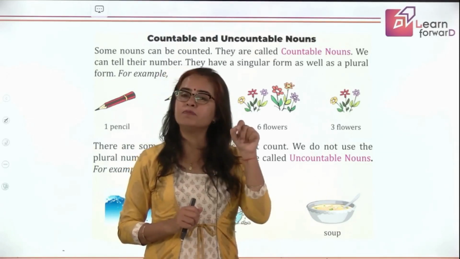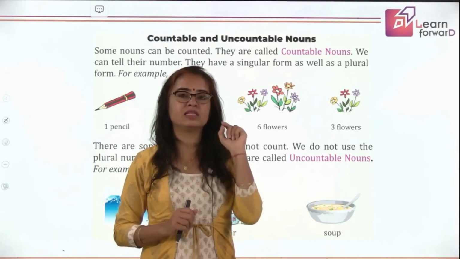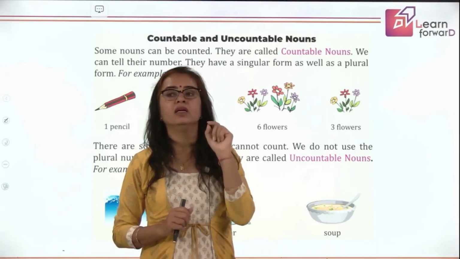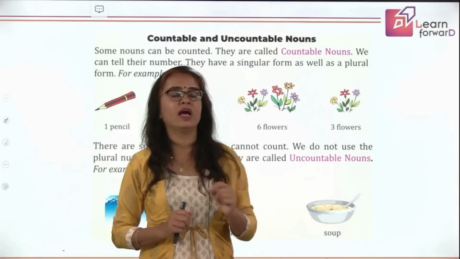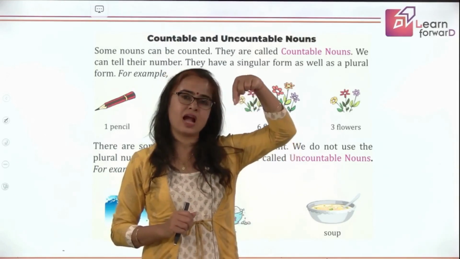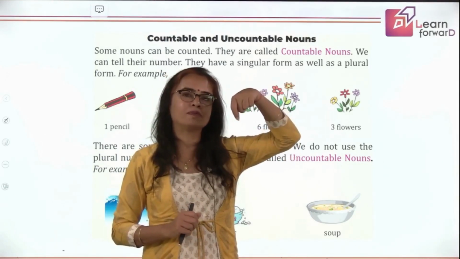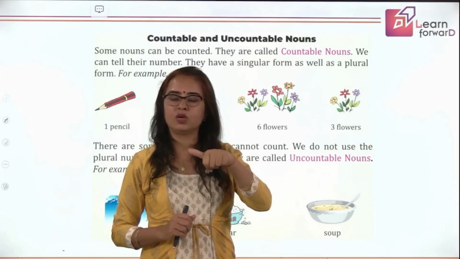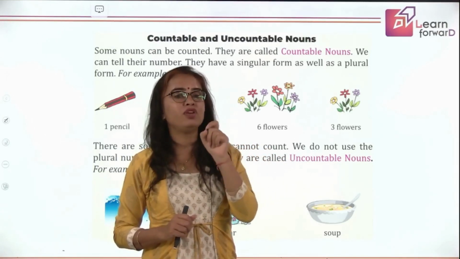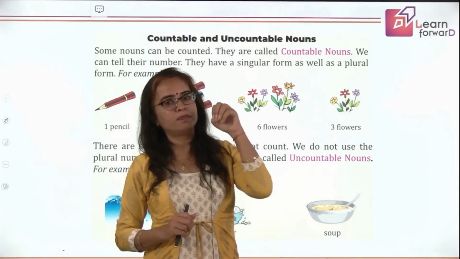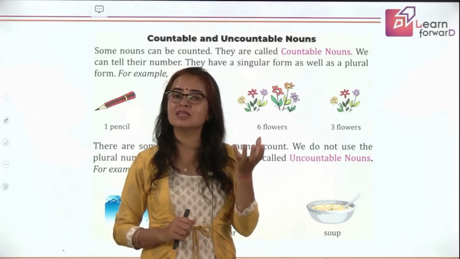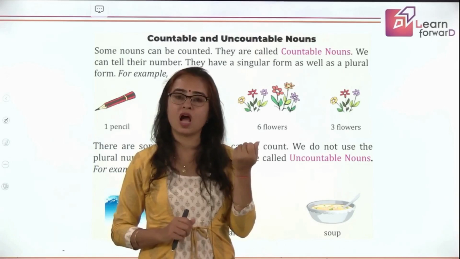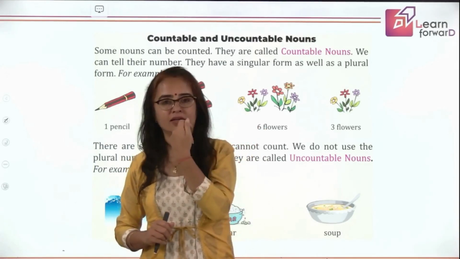The drops of water, the drops of medicine, the drops of milk, the drops of any liquid are countable. So what we are counting are the drops. We are not counting milk, we are not counting the liquid. We are just counting the drops, the glasses, the mugs, the spoons. How many have you filled, right?